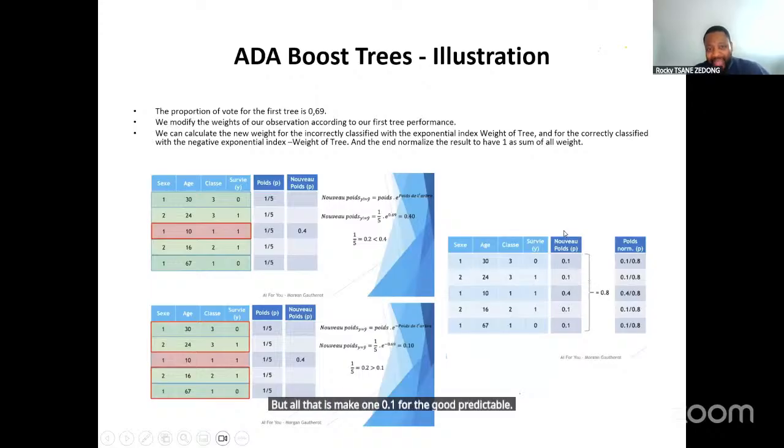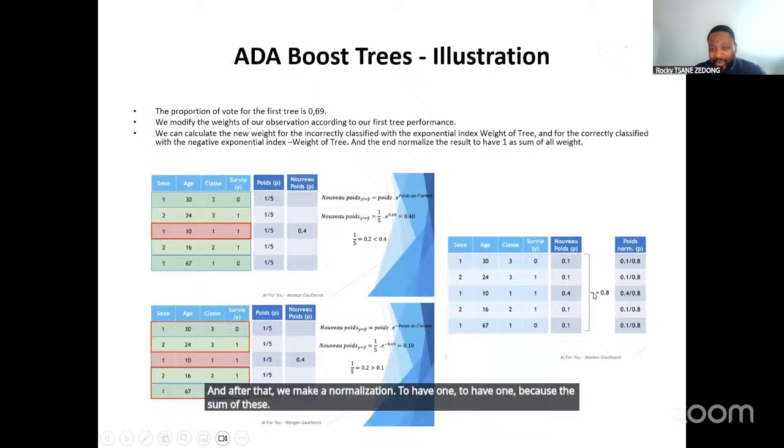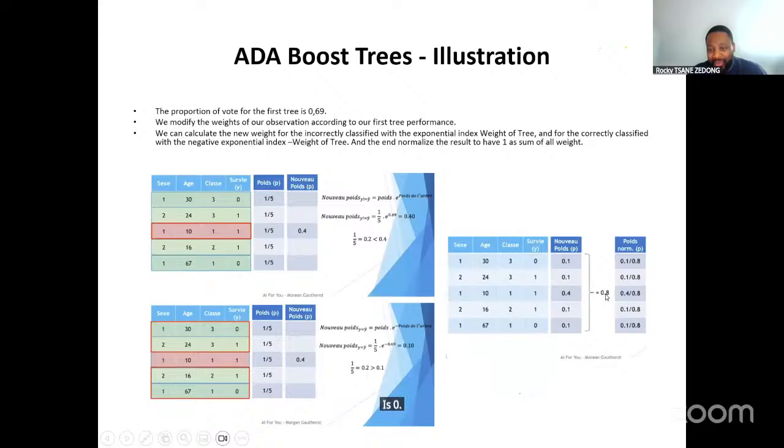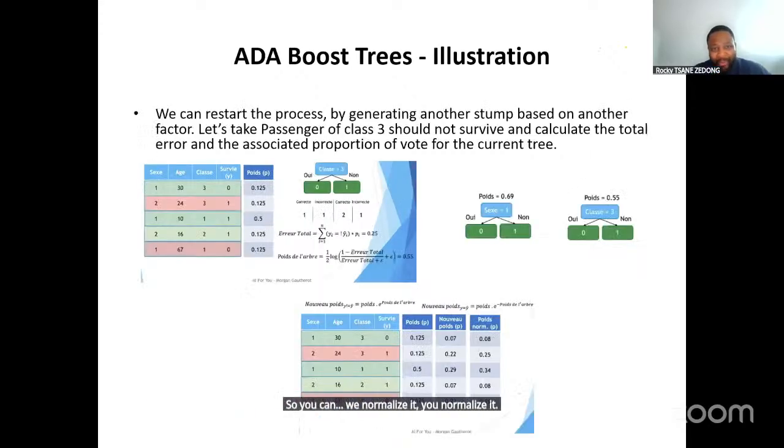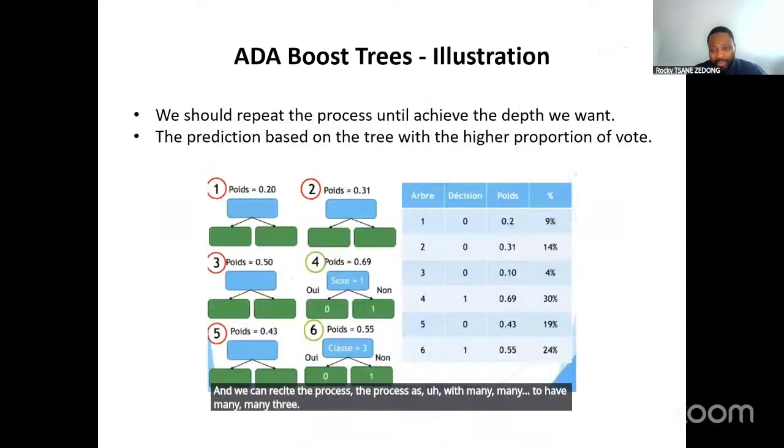After that we make a normalization to have 1, because the sum of this is 0.8, which is not right, we have to have a sum of 1. So we normalize it, and we can repeat the process to have as many trees as we want.